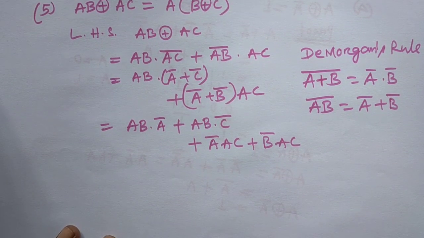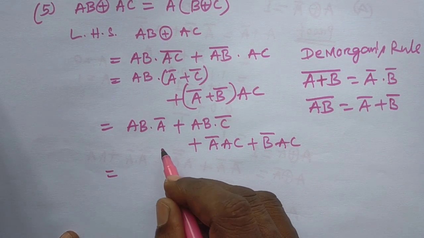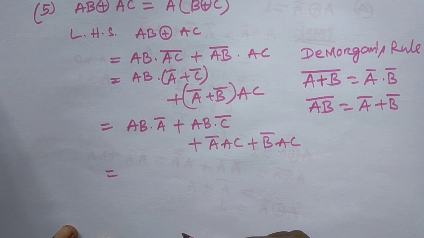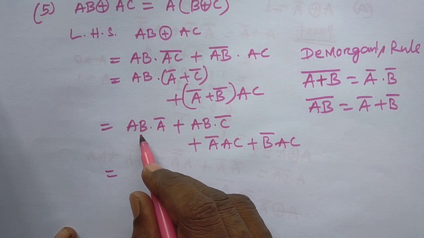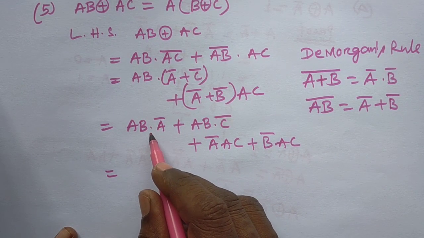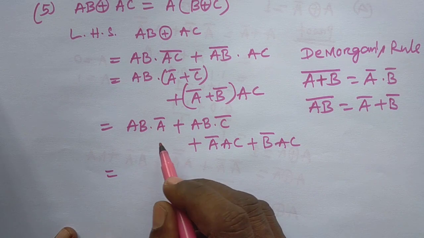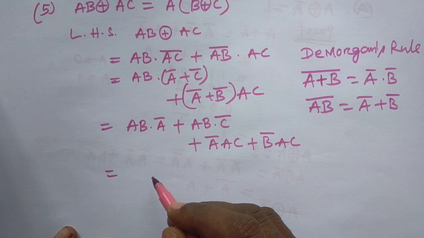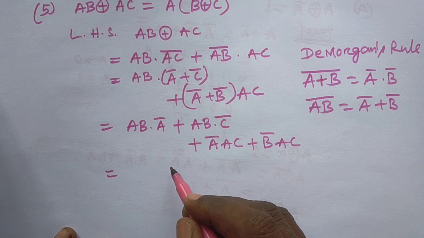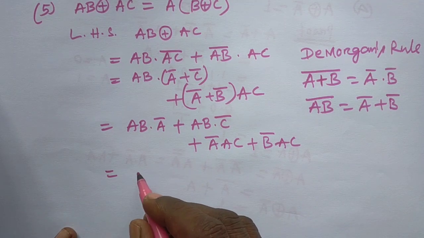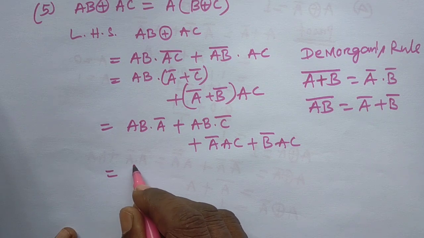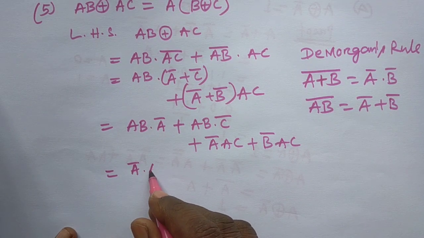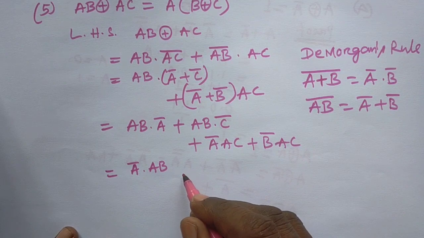Then now we will solve it. You see, if we go through this one, here just swap it; the commutative rule is also there. AB is equal to BA, the commutative rule we can also apply. So A complement AB can be written in this way.